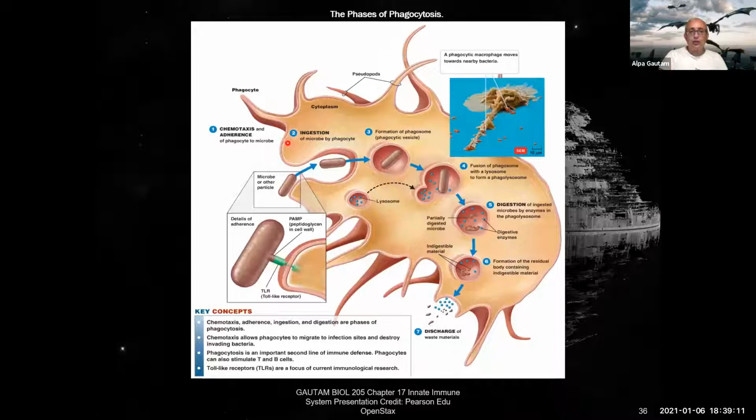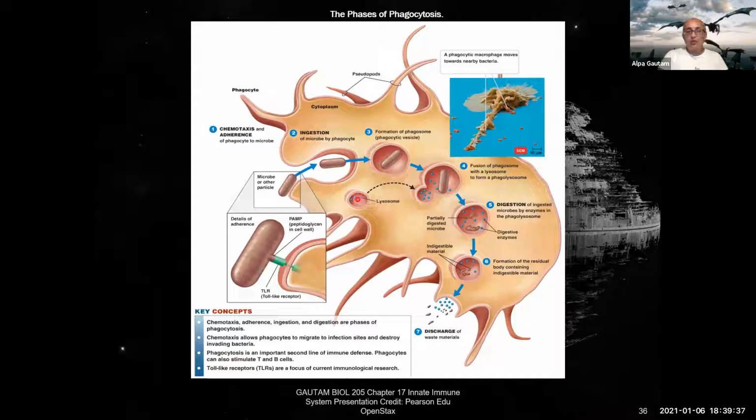What it's going to do then is ingest it. The cytoplasm envelopes that pathogen, and then it encapsulates that pathogen within a vesicle. That vesicle is called a phagosome. Some means body. This is a phagosome. That phagosome then fuses with the lysosome.